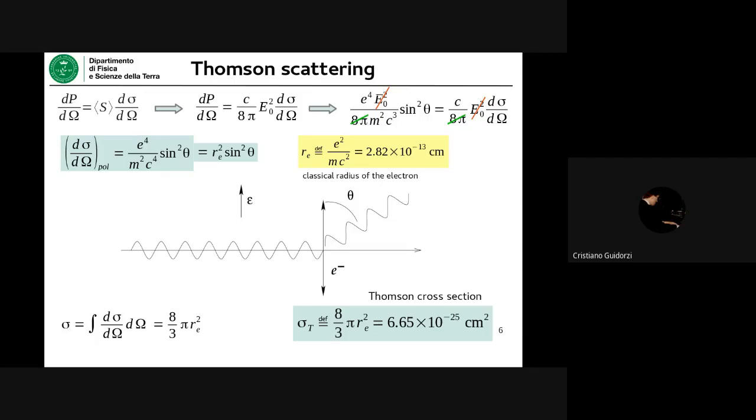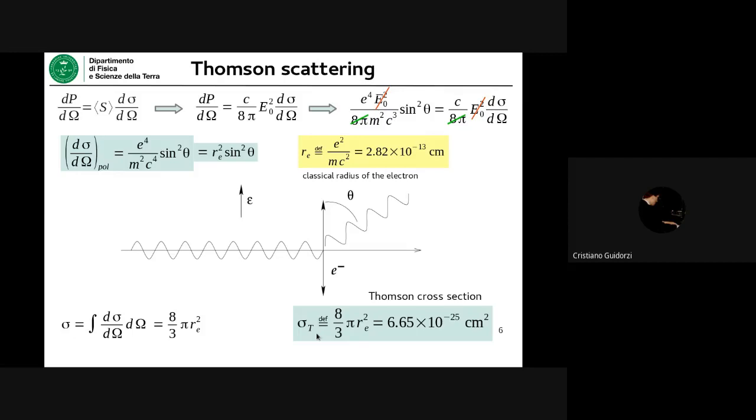Its value in centimeter squared is 6.65 10 to minus 25. I would ask you to remember this quantity. This is hugely important in electromagnetism, and whenever you consider phenomena in which matter, in particular in this case electrons, interact with radiation. You see why this is also called the classical radius, because sigma t is telling you about the capability of an electron of scattering radiation.